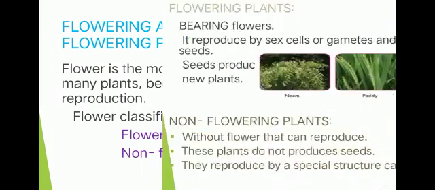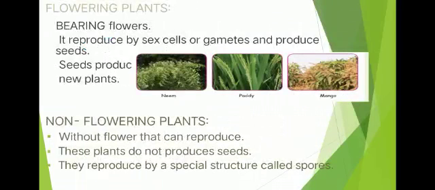First, flowering plants. Plants bearing flowers are called flowering plants. They reproduce by sex cells or gametes and produce seeds. Seeds produce new plants. Examples: mango, neem, groundnut.